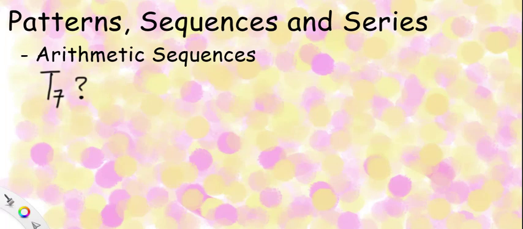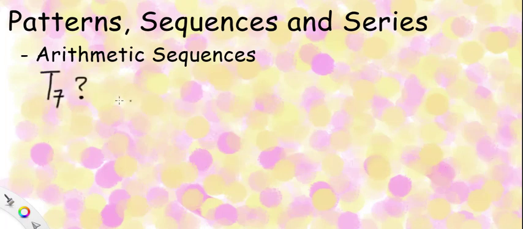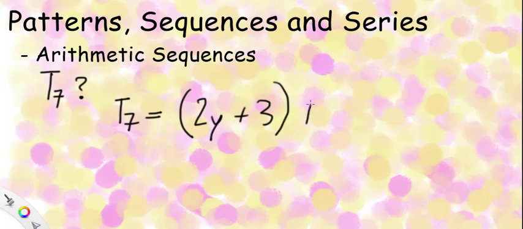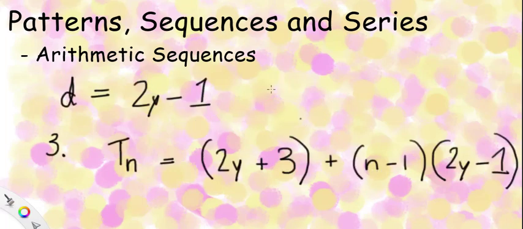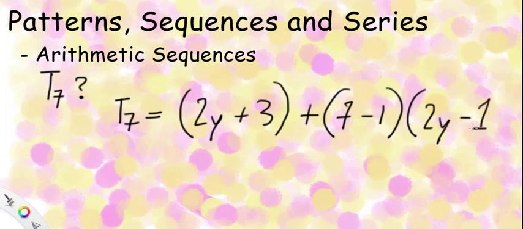So the general equation will turn into T7 is equal to 2y plus 3 plus, anywhere where we see n over here, we're going to put 7 minus 1, and then 2y minus 1, which is our d.